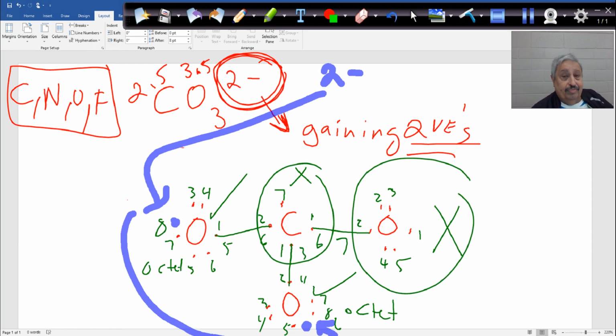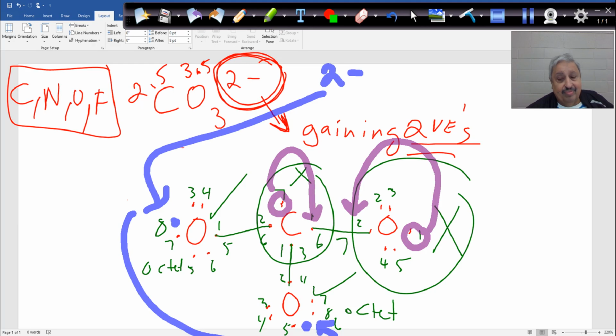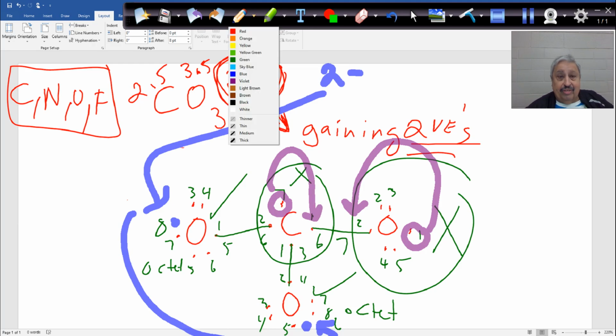So what I will do, same thing I did before. I will take this electron here and move it to make a double bond, correct? And move this one here of the carbon, make it here. So I'm taking those together.